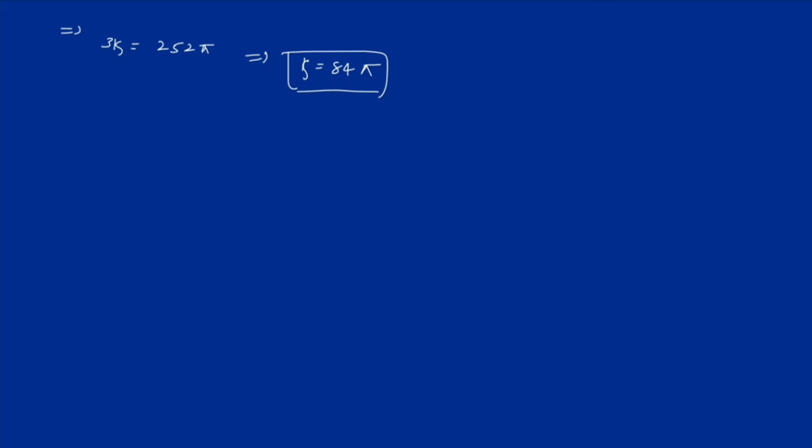Putting in equation 1 now, 4 pi by 3 r cube equals 84 pi t plus 36 pi, which implies 4 by 3 r cube equals 84t plus 36.